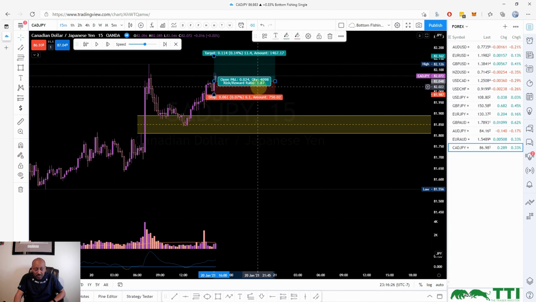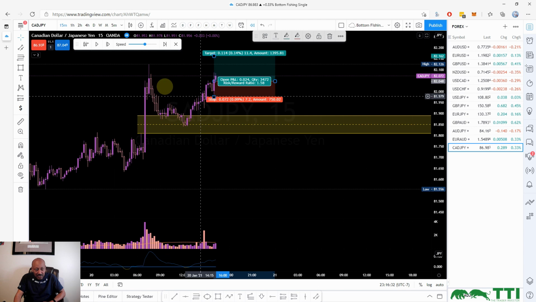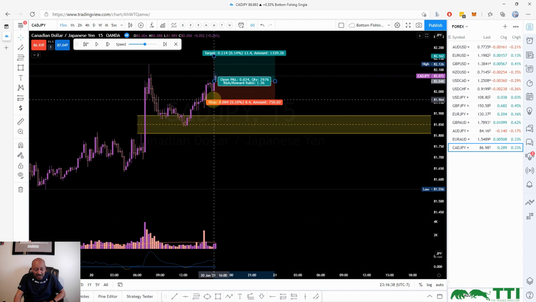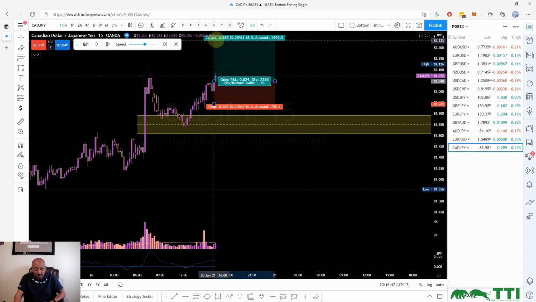So 6 pip stop. I like to go 10 because of spreads. As you can see, this spread is almost 10. So I like to give it at least a 10 spread just to be on the safe side. And I want to make 2 for my risk of 1.